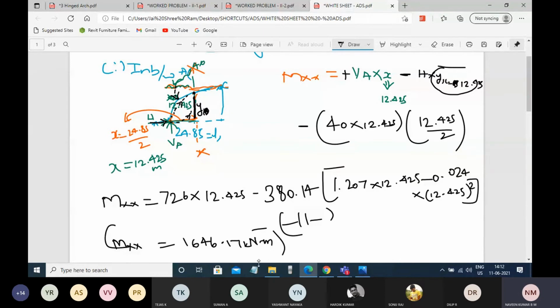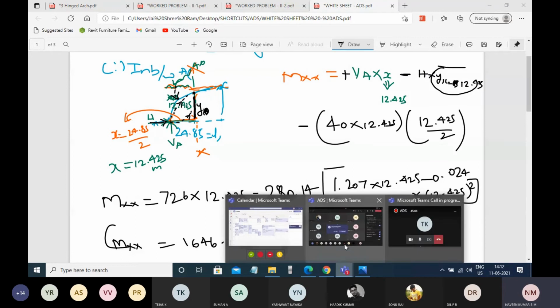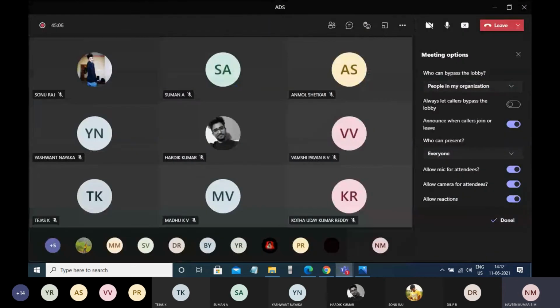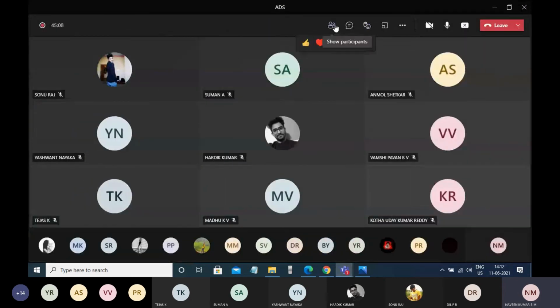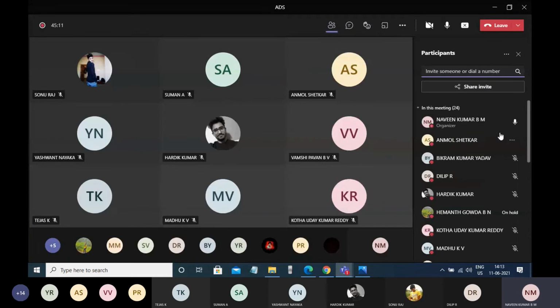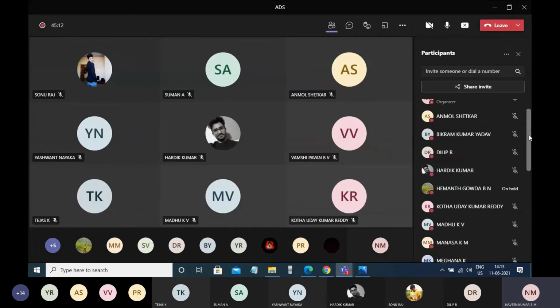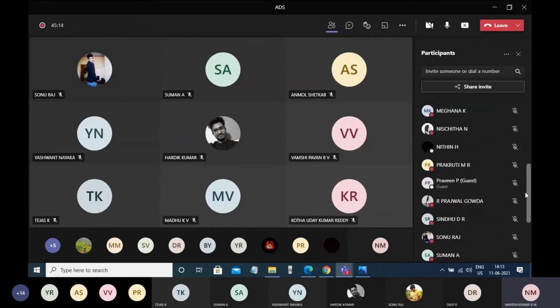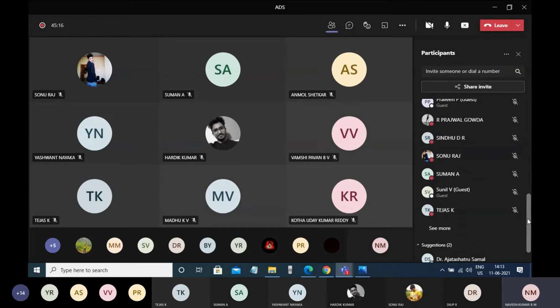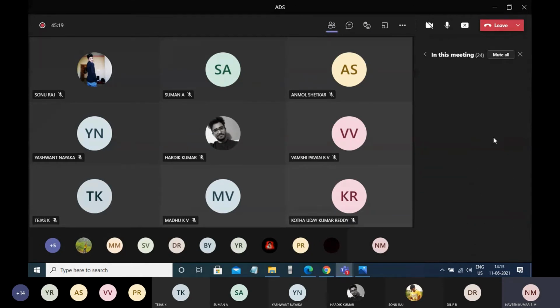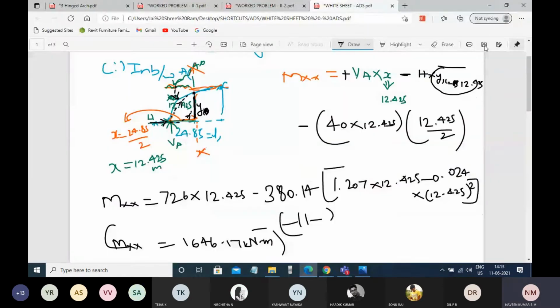Now tell me, any clarifications that you require related to finding the maximum bending moment for the AC segment? Dear students, any clarifications required? No, sir. Okay.